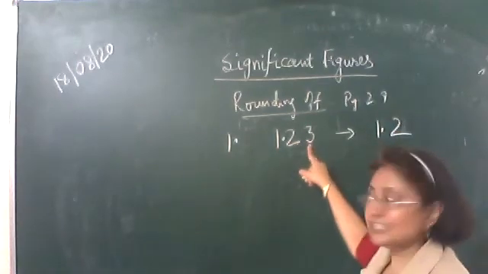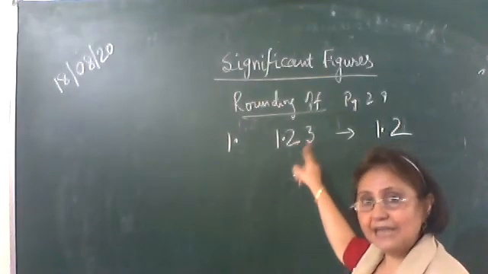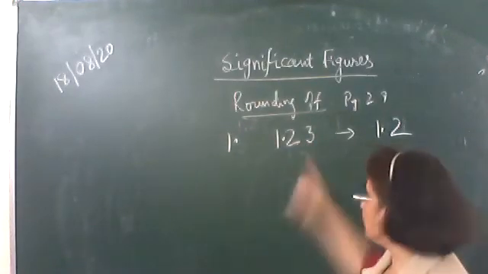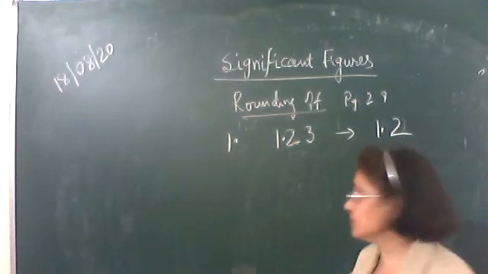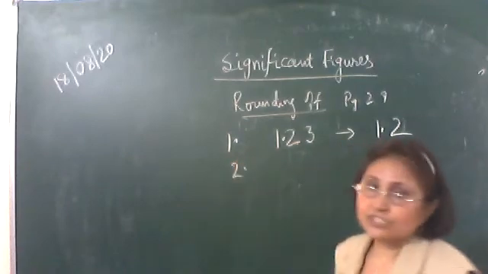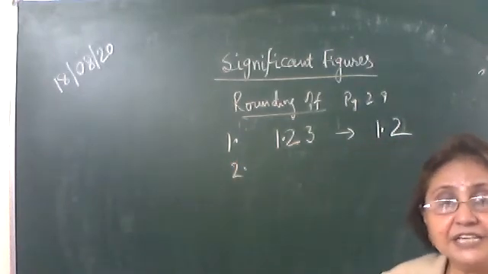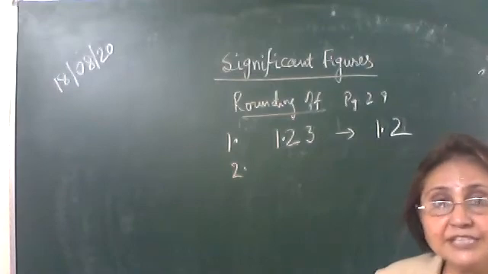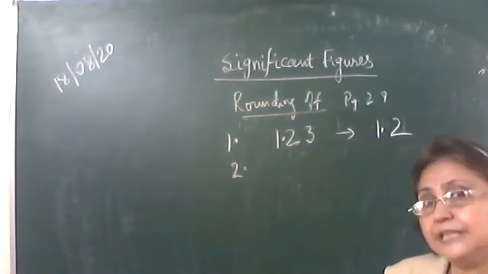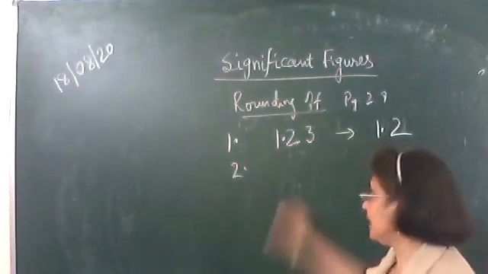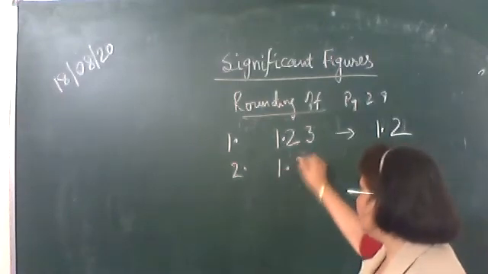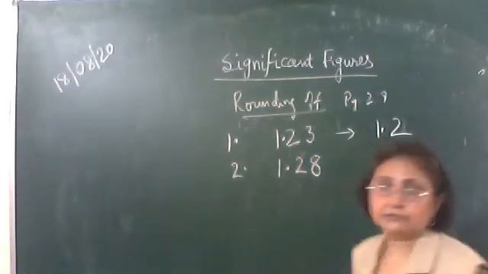Why? Because the digit we are dropping is less than 5, so the preceding digit will remain unchanged. Whereas the second rule states that if the digit to be dropped is greater than 5, then the preceding digit will be raised by 1. For example, 1.28.